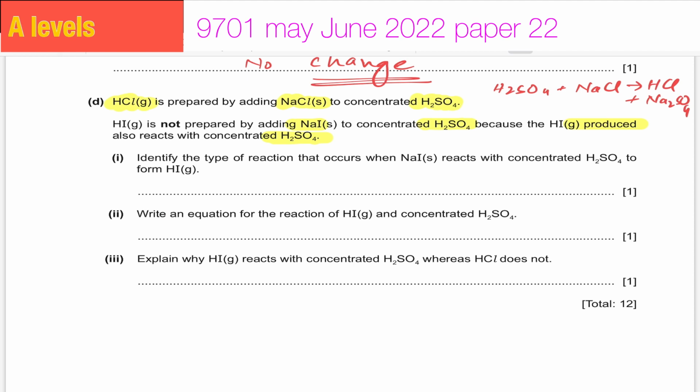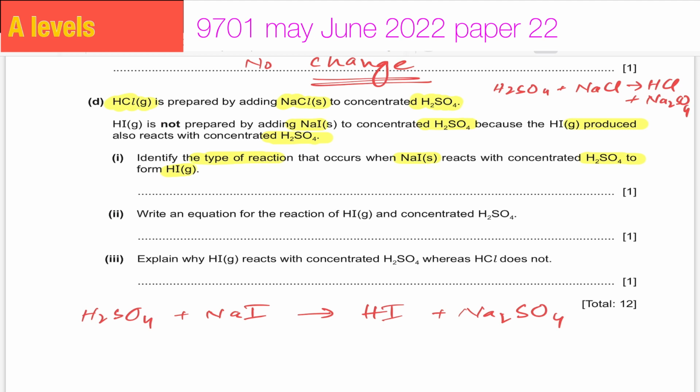Identify the type of reaction that occurs when sodium iodide reacts with concentrated sulfuric acid to form HI. What type of reaction is this? Just like the reaction for H2SO4 and sodium chloride, when H2SO4 reacts with sodium iodide, we get HI, hydrogen iodide, plus sodium sulfate.